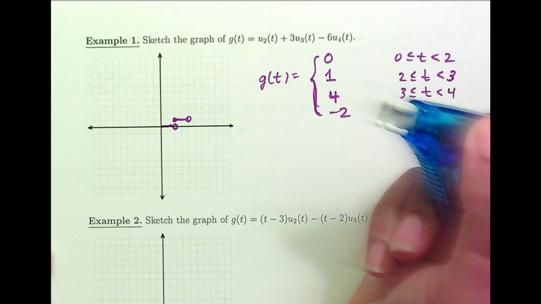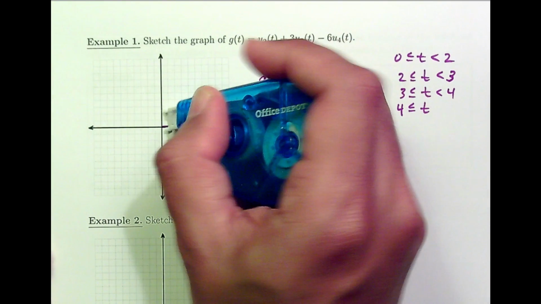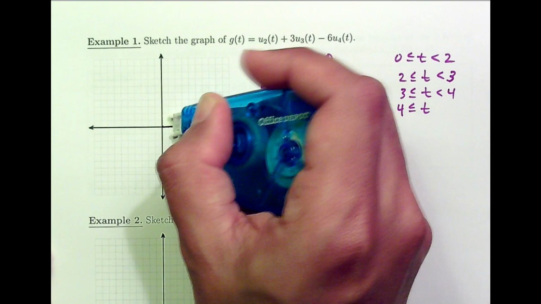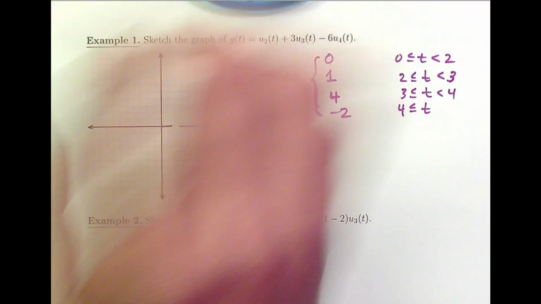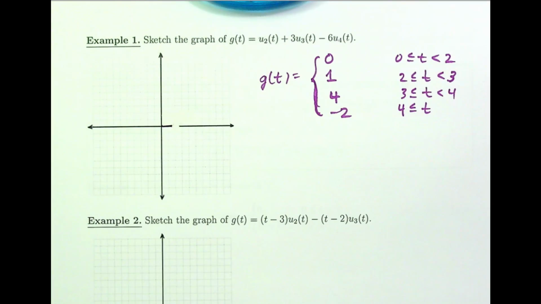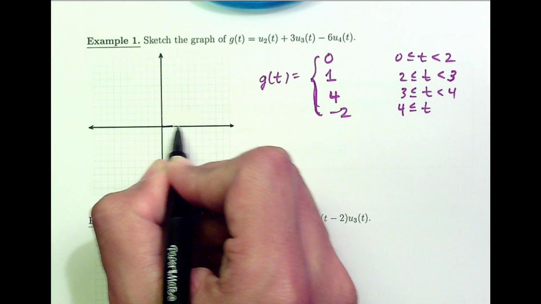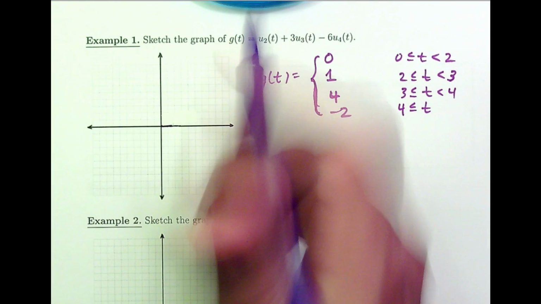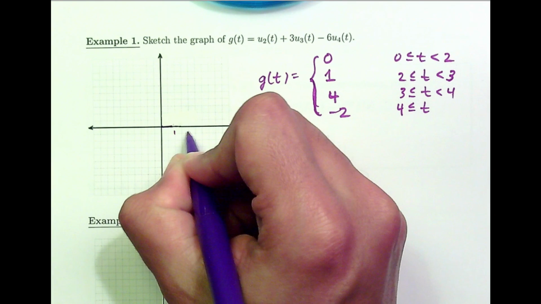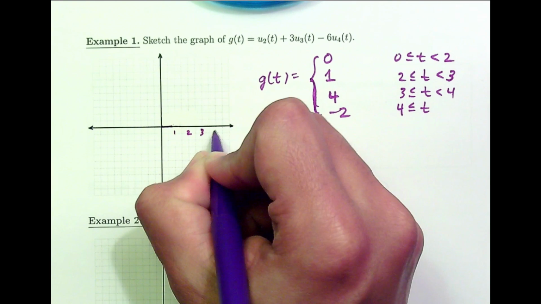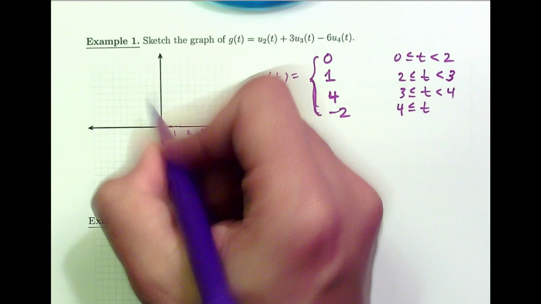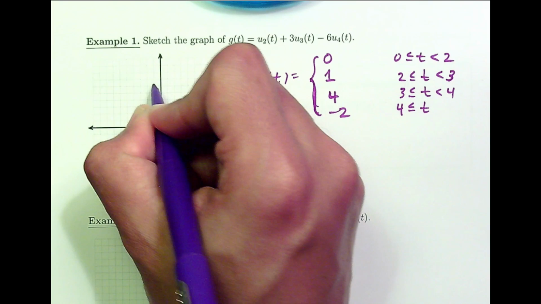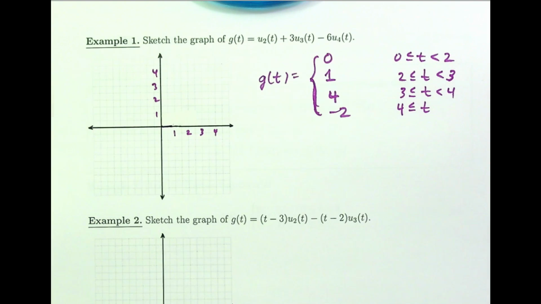Let's start over and go by 2s because this is so small. Let's draw the scale where we go by 2. So that means this is 1, 2, 3, 4. 1, 2, 3, 4.